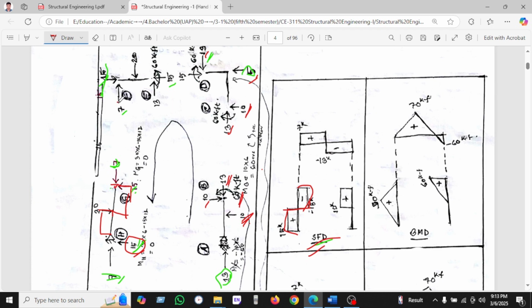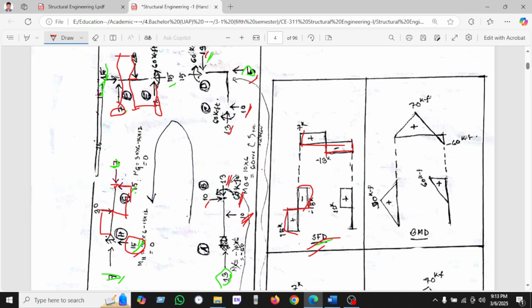Okay, so let's see this portion, this member. In this member we have seen 7 is going upward, so we take upward as 7, and we see the 20, so it will be downward 20, so 7 minus 7, and minus 30, so 30 is downward, and this 30 is given here, so it will also be upward, so equal upward, so it will be 0.